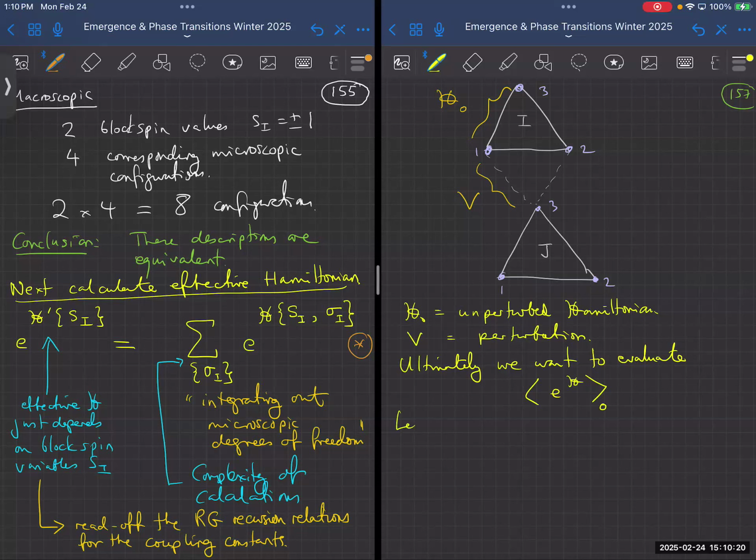So let's have a look. Let's define this more closely. So let's suppose I have some operator, let's call it A, that is a function of our microscopic spins, and I want to compute that with respect to our unperturbed Hamiltonian. So what do I mean when I write down those angle brackets?